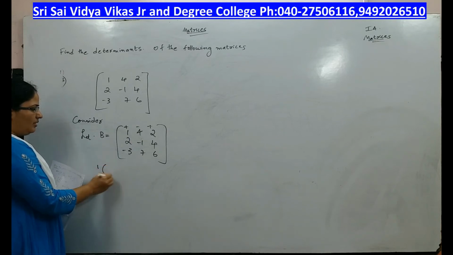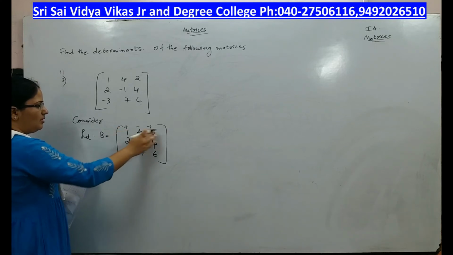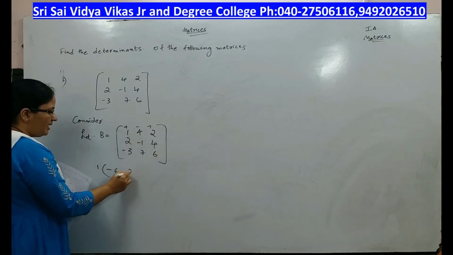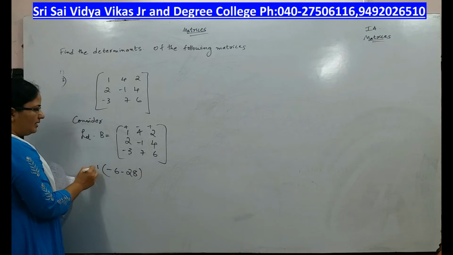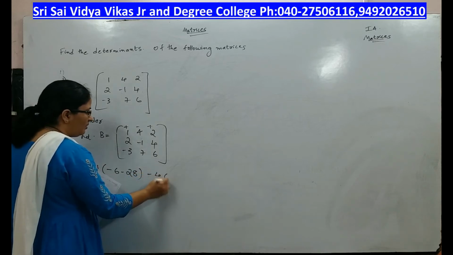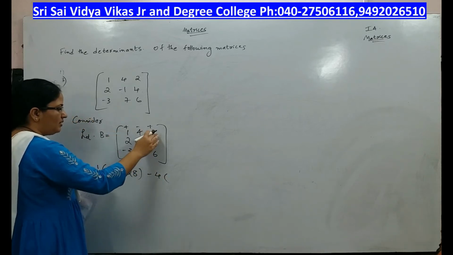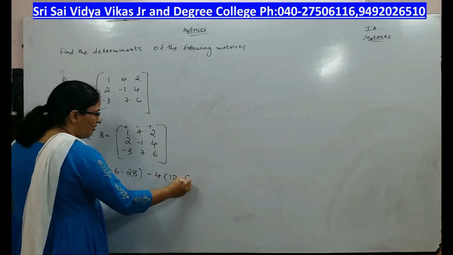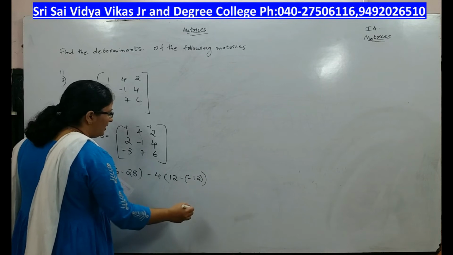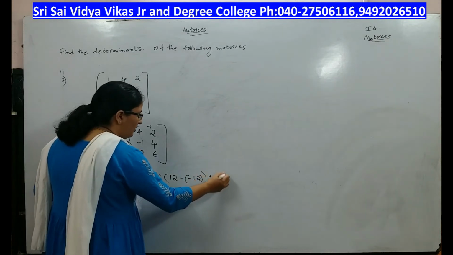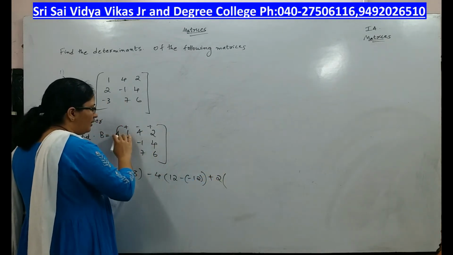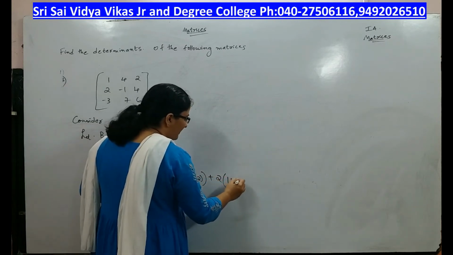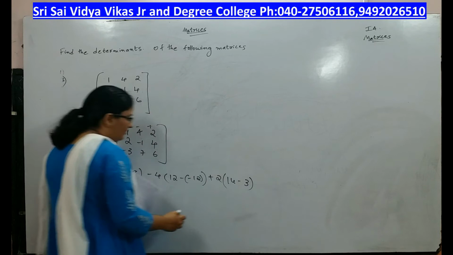Then 1 into, close this column, close this row, you have to do AD minus BC. That is minus 6 minus 28. Minus 4 into, close this column, close this row, 2 6s are 12, 3 4s are 12, 12 minus of minus 12, plus 2 into, close this column, close this row, 2 7s are 14, 14 minus 3, this is what you have.